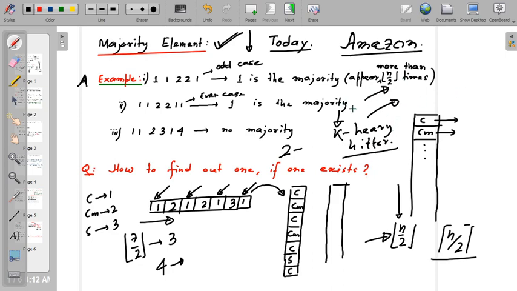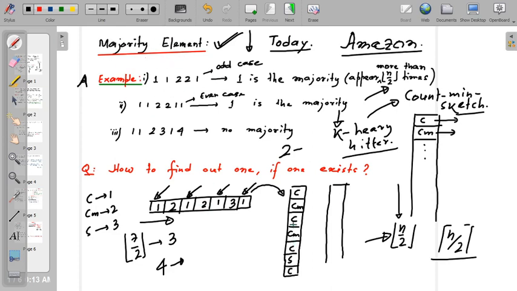A probabilistic data structure called count mean sketch is necessary for this. That is not there in our syllabus. But why should I find out the majority element?